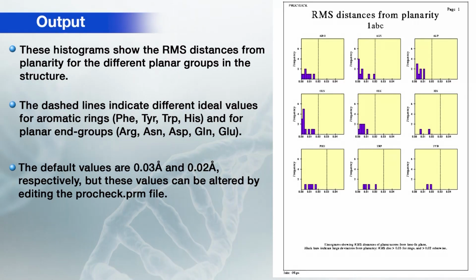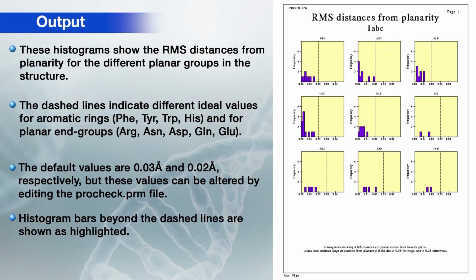But again, the values can be altered by editing the Procheck.prm file that we saw previously. Histogram bars beyond the dashed line are also shown as highlighted because they become outliers.